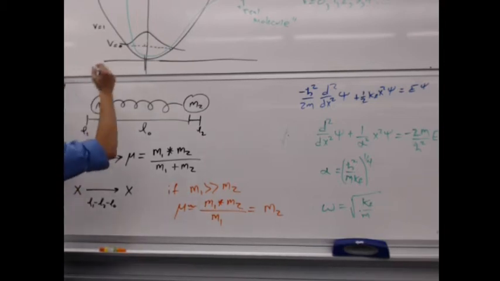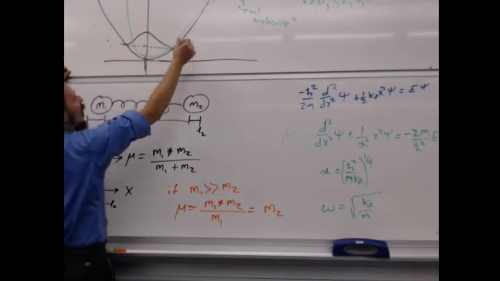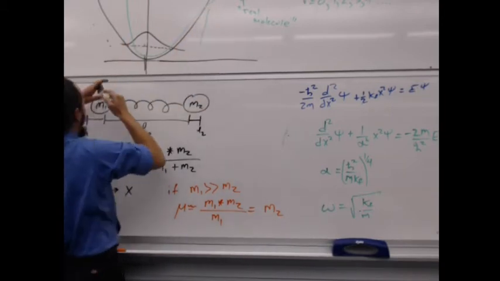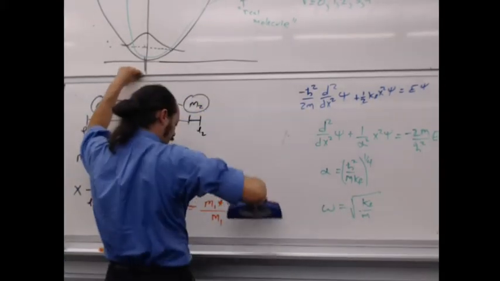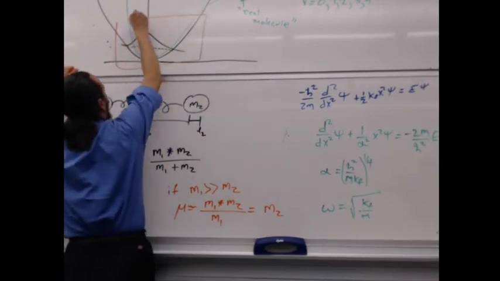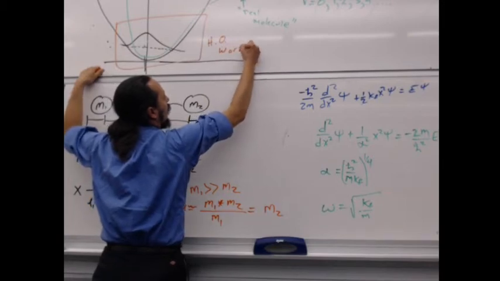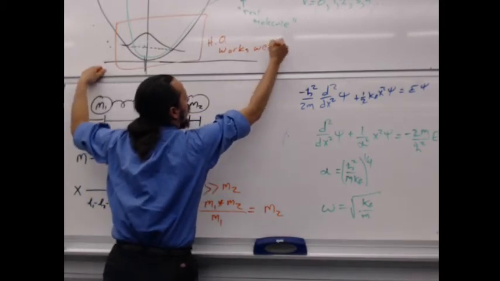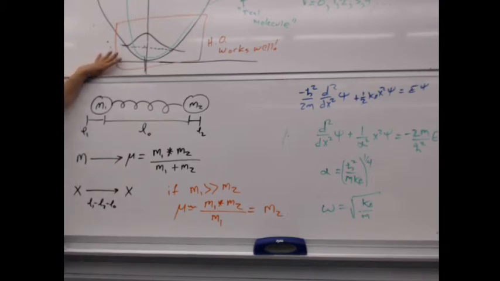But if you look, as long as we're down here, in this region, at the bottom of this curve, so as long as we're down at low energy values and we're not displacing the nuclei too much, the harmonic oscillator actually is a really good approximation.